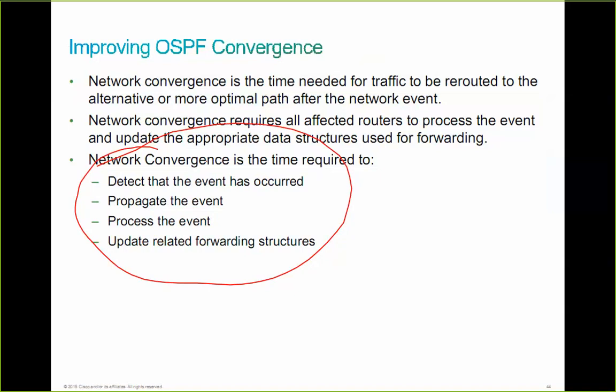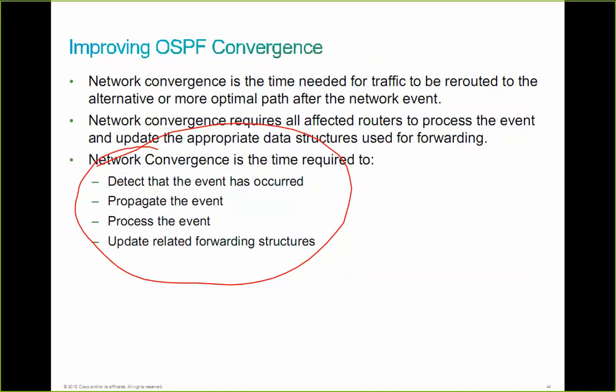We can use layer 3 detection mechanisms like carrier detection, routing protocol hello timers, which we can adjust and fix based on our topology. BFD as well, which is what we talked about with EIGRP, is available with OSPF as well. So that's number 1. Let's make sure that we know that an event occurred.